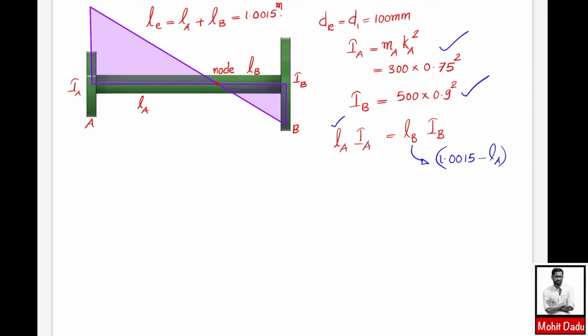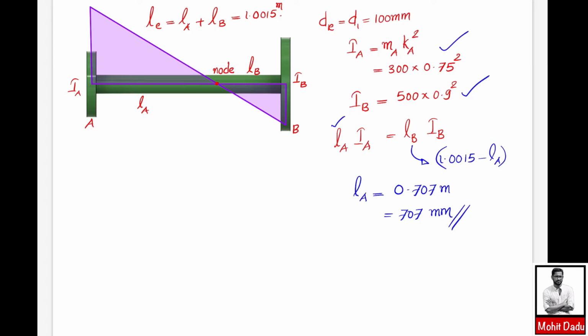So finally there will be only one variable in terms of LA, and you can solve for this one, and then you will be getting LA as 0.707 meter or 707 mm. So this is the position of the node within this torsionally equivalent shaft only. In the next step, we will be calculating the position of this node in the actual stepped shaft. That procedure I will be showing now.